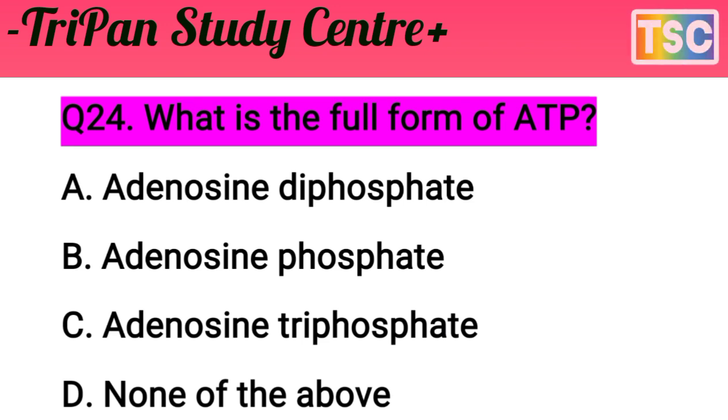The question is very interesting. You know that ATP stands for adenosine triphosphate. It is a high energy molecule found in the cells of the human body, animals, plants, etc. It is capable of storing and supplying the energy needed by the cell.